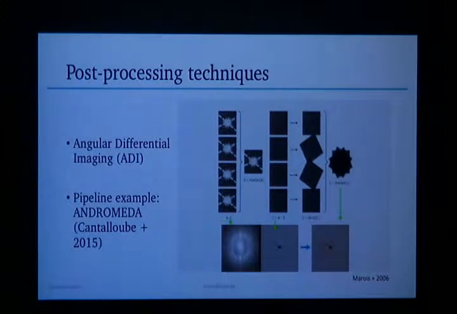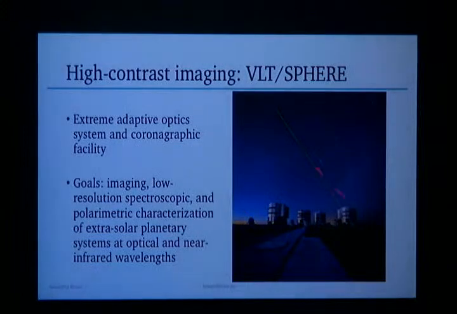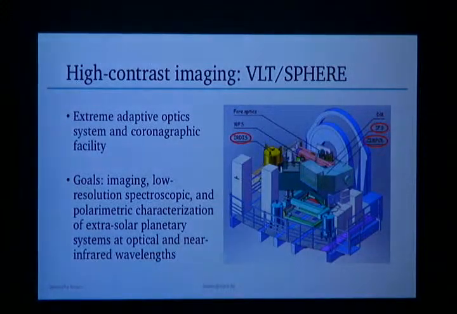So now I will tell you a little bit about the instrument that we use to obtain the images. As Joel said, this one is SPHERE, which is located at the VLT. This is an extreme adaptive optics system that has a coronagraph. Here we have a picture of the instrument, which is quite big, as you can see. The scientific goals of SPHERE are to detect and characterize extrasolar planets.